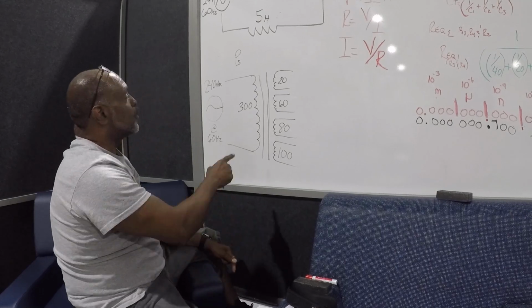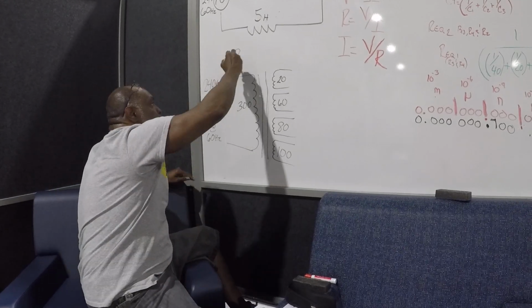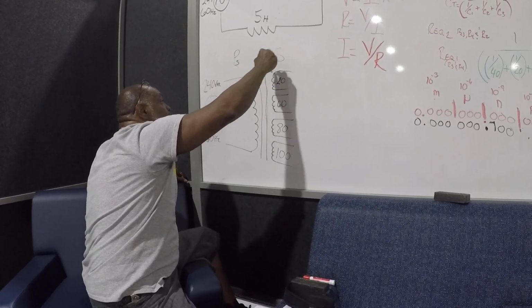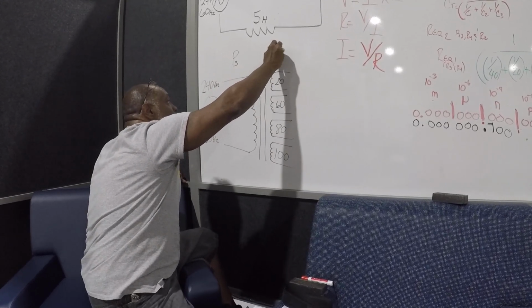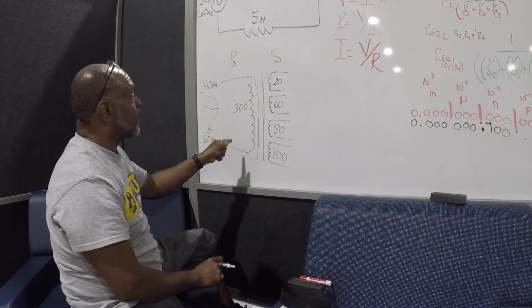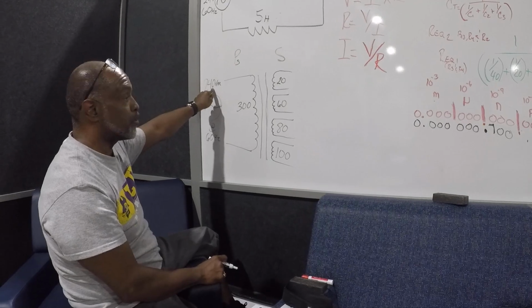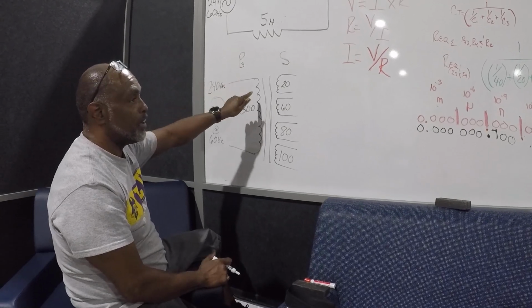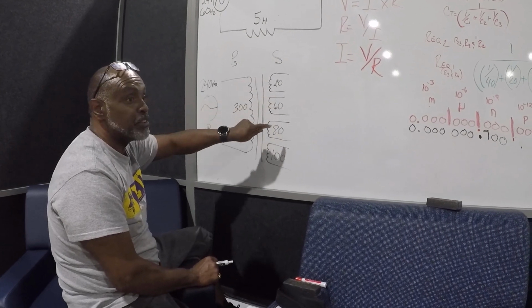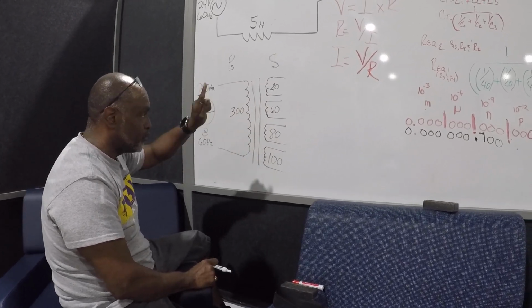Got it. So this is our primary, and this is our secondary. Right. So the first thing is, we know that on our primary side we have 240 volts. The catch is how to solve for what voltage is being put out on the secondary side.